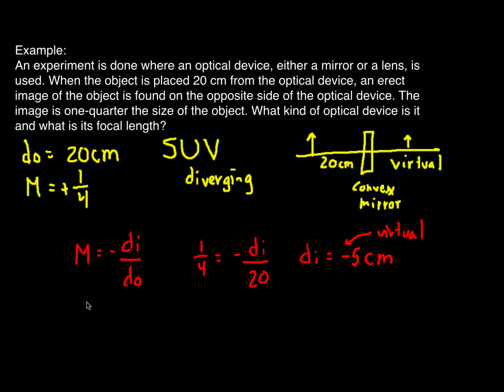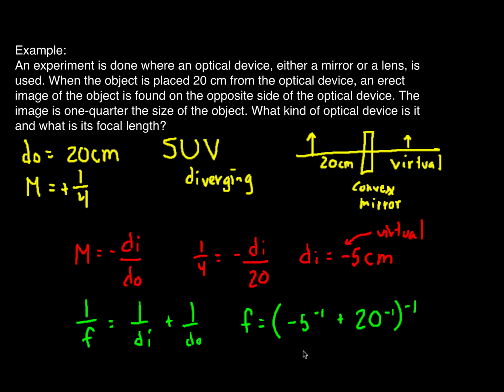Next, we'll find out the focal length. 1/F equals 1/DI plus 1/DO. So F equals DI, which is negative 5 to the negative 1, plus DO, which is 20 to the negative 1, all to the power of negative 1, which gives us a focal length equal to negative 6.7 centimeters. The negative tells us it's a diverging mirror. And since it's a diverging mirror, we know it must be convex.